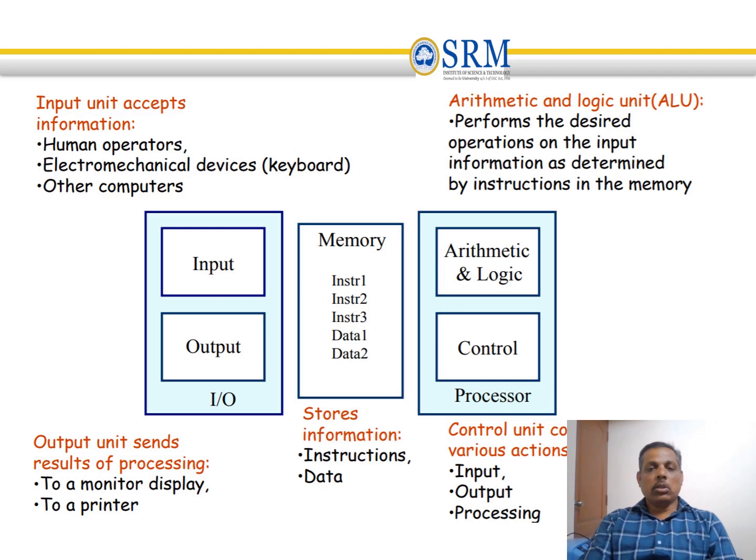So in order to control the operation of instructions as well as data within a CPU, we need to fetch the instruction as well as data from memory, and that will be sent to the execution unit, that is the ALU, and the control unit will coordinate the operation between the memory as well as the ALU.